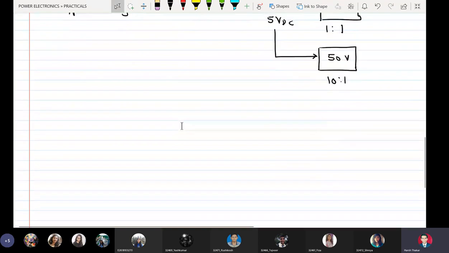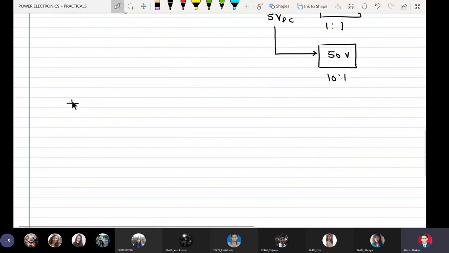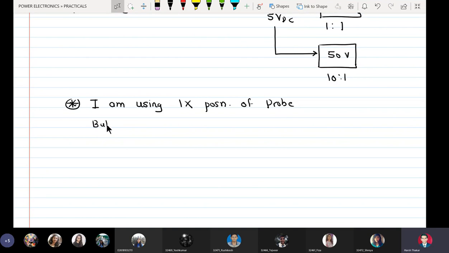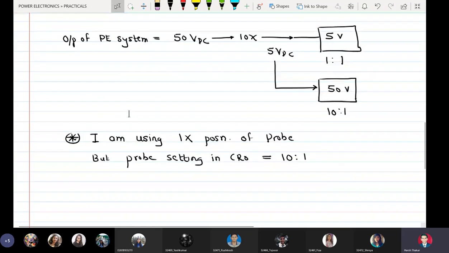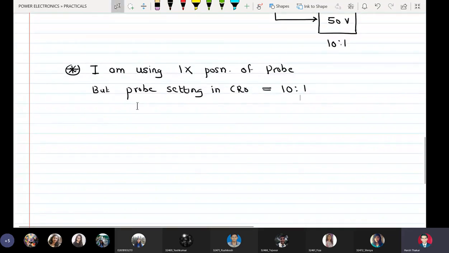Got the point? Take another example. I am using the 1x position of the probe, but my probe setting in the CRO is 10:1. So what will happen now? Take another example of RMS.